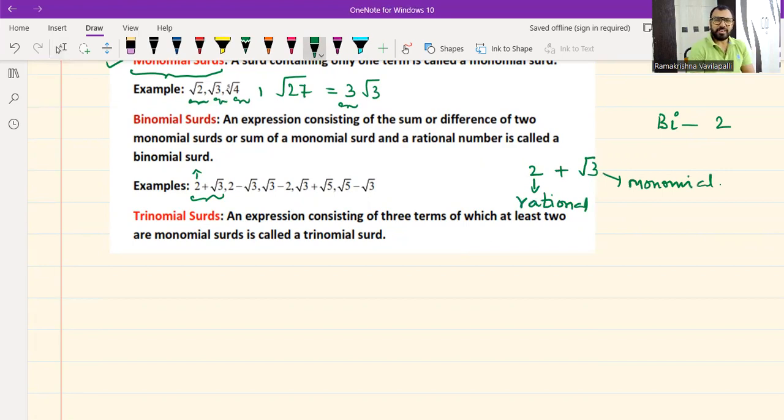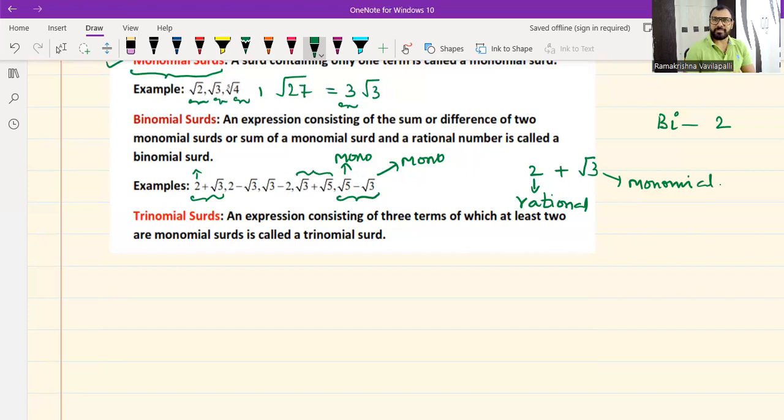Or you take root 5 minus root 3. This is a monomial surd, and this is also a monomial surd. So it is the difference of monomial surds, and the other is a sum of two monomial surds. Such a surd is called a binomial surd.